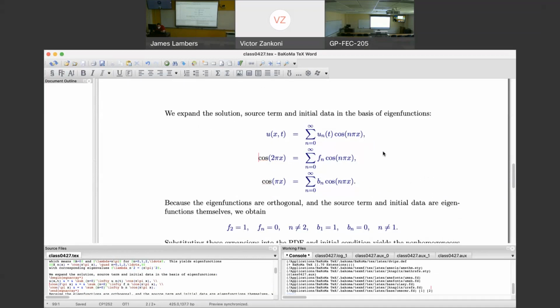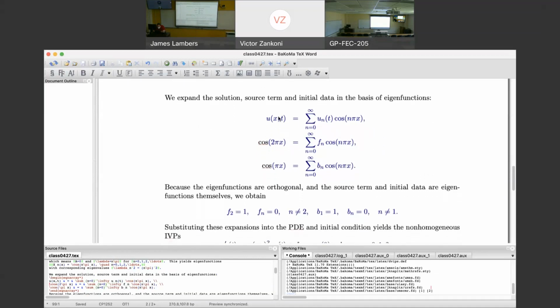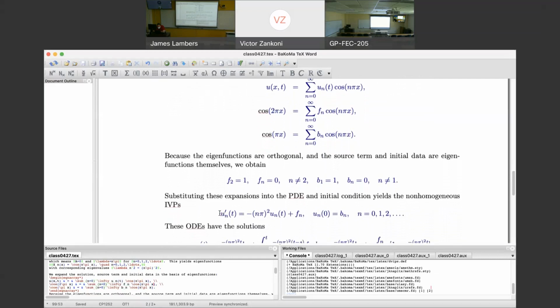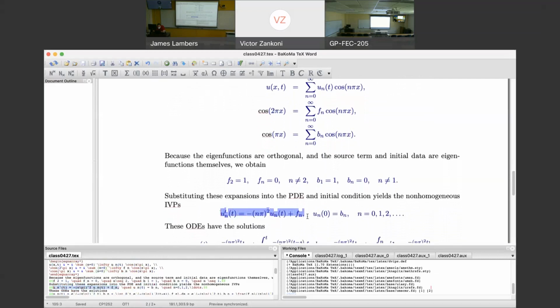So now, if we substitute this and this into the PDE, and we also substitute these into the initial condition, then the result is these non-homogeneous ODEs and these initial conditions.